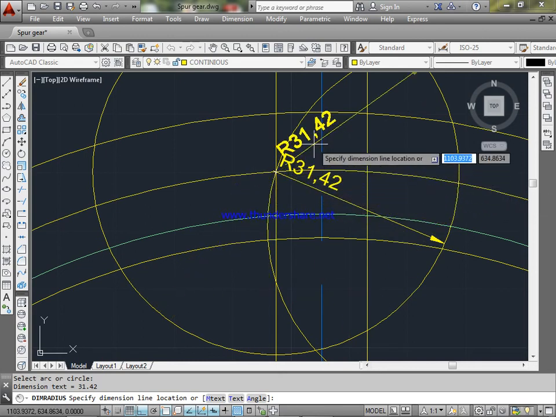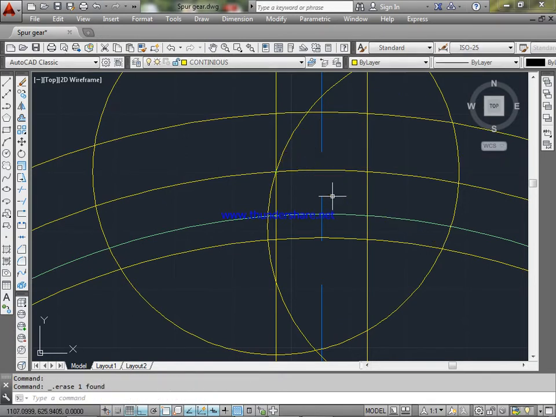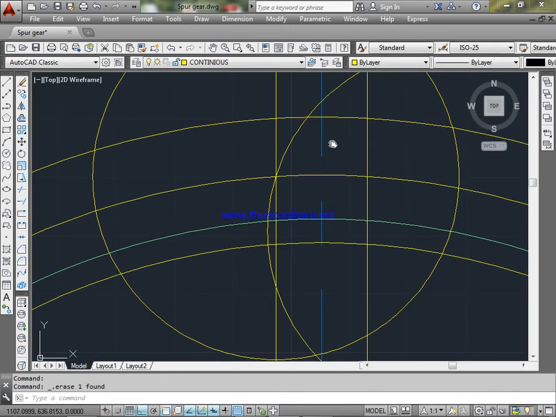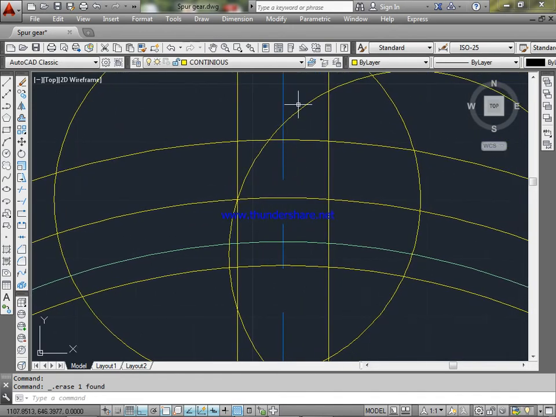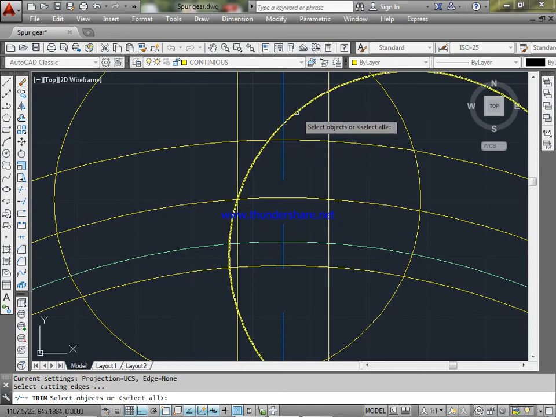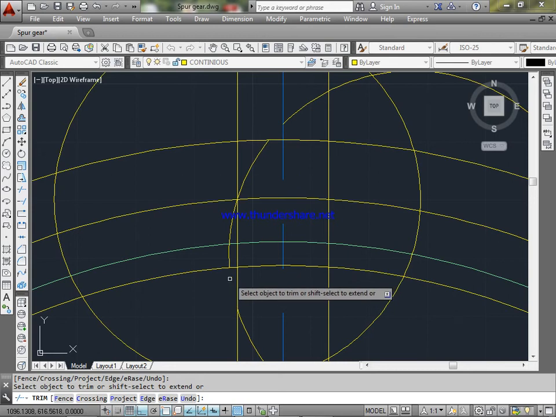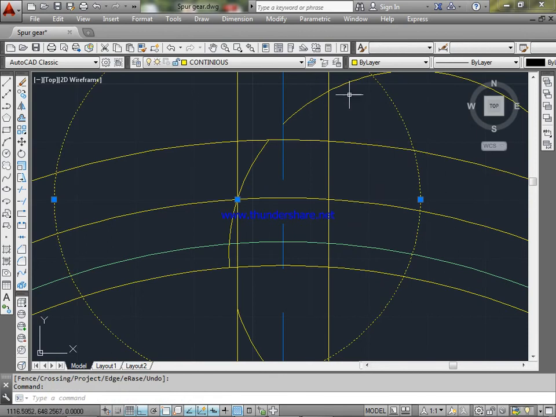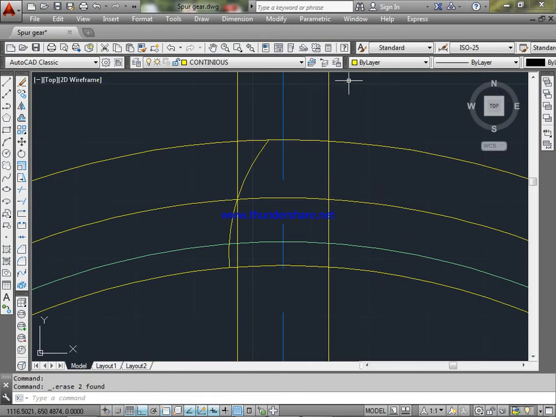See the measurement 31.42. Now remove the unnecessary lines. This is one side of the tooth.